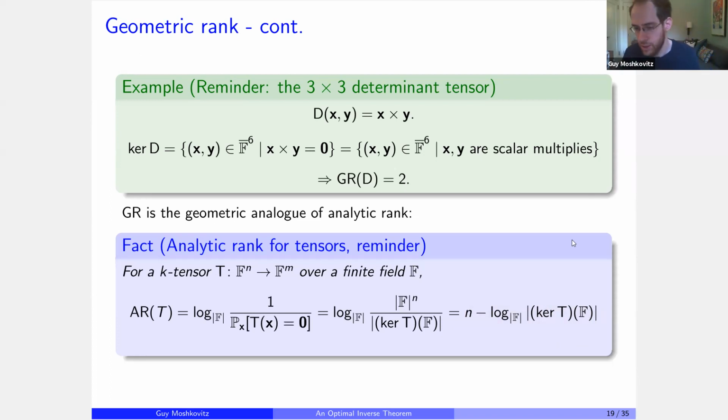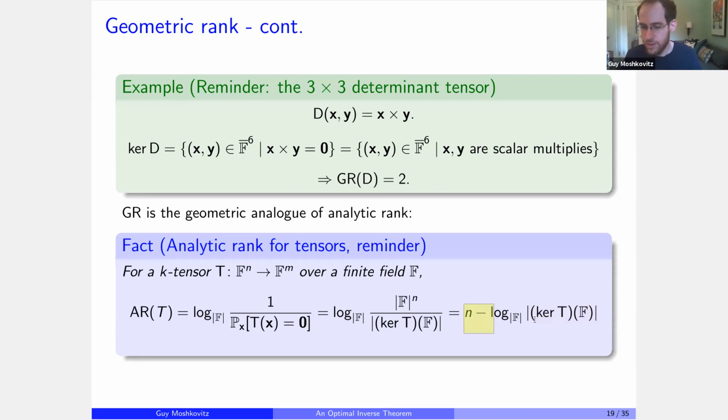Okay, but if the kernel of T is not a linear subspace, then of course this is a more general variety. But the thing is that, at least intuitively, Schwartz-Zippel for varieties or the Lang-Weil bounds tell you that you would expect this number to still be the size of F to the dimension of the kernel, but now it's the dimension of a variety, not the dimension of a linear subspace.